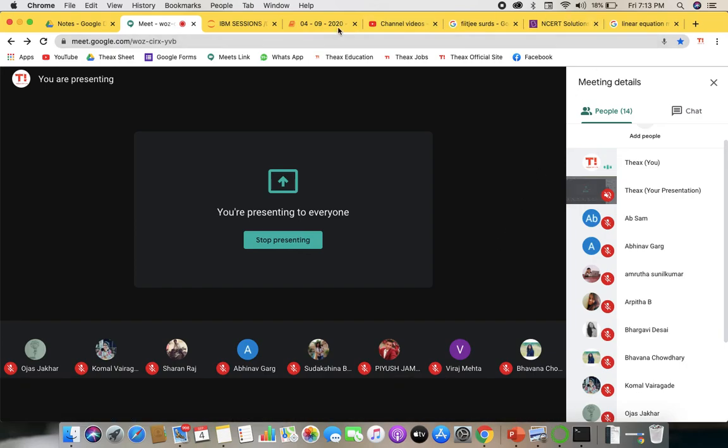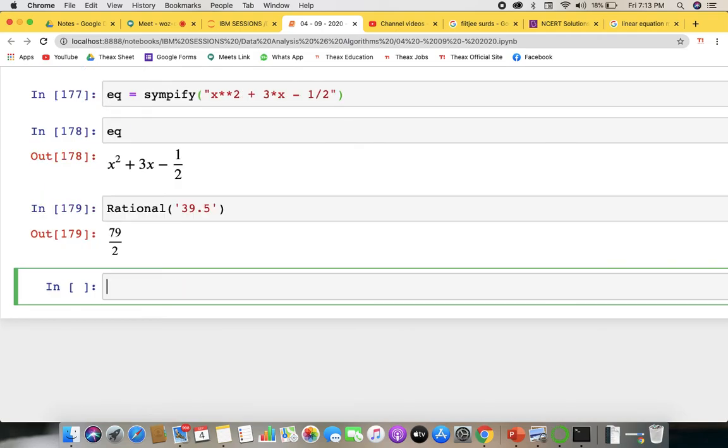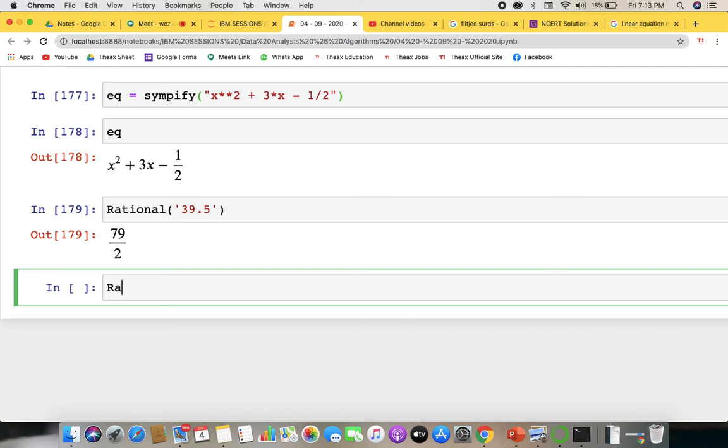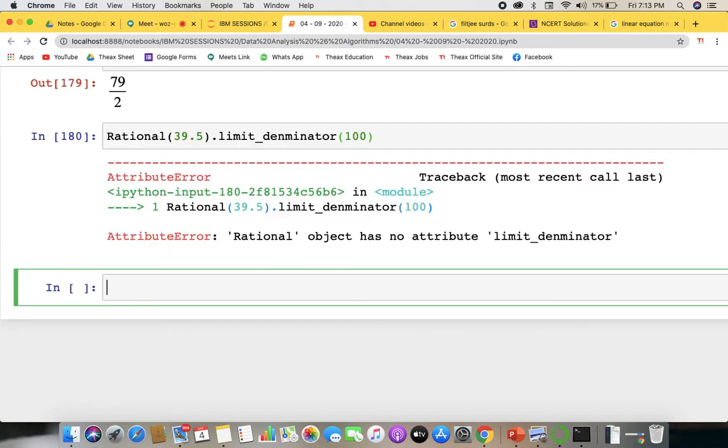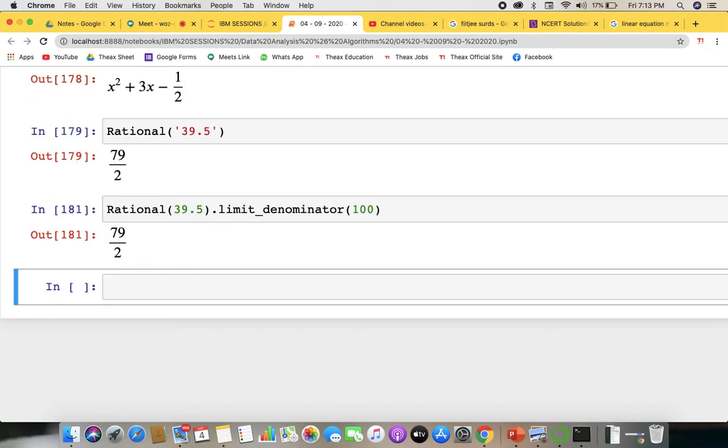We have so many options. I just taught you now. Rational of 39.5, you said. That's a rational number. Rational of 39.5 dot limit denominator by 100. Okay. 79 by 2.